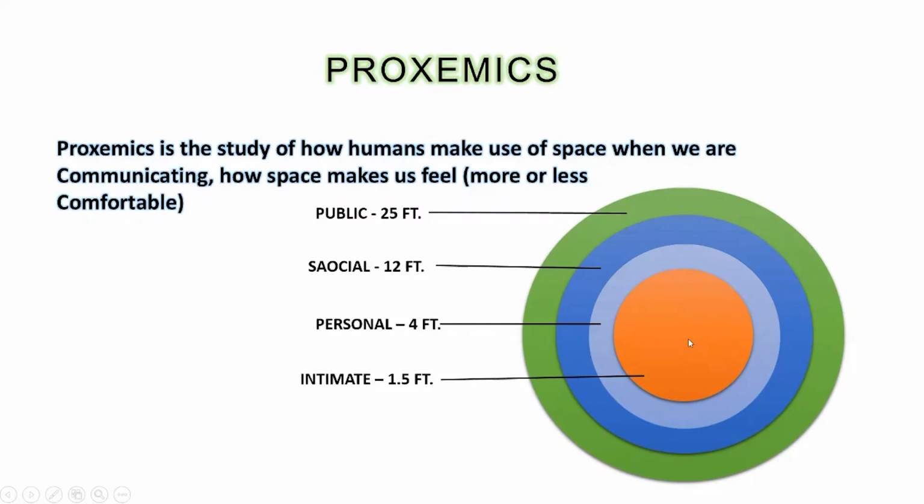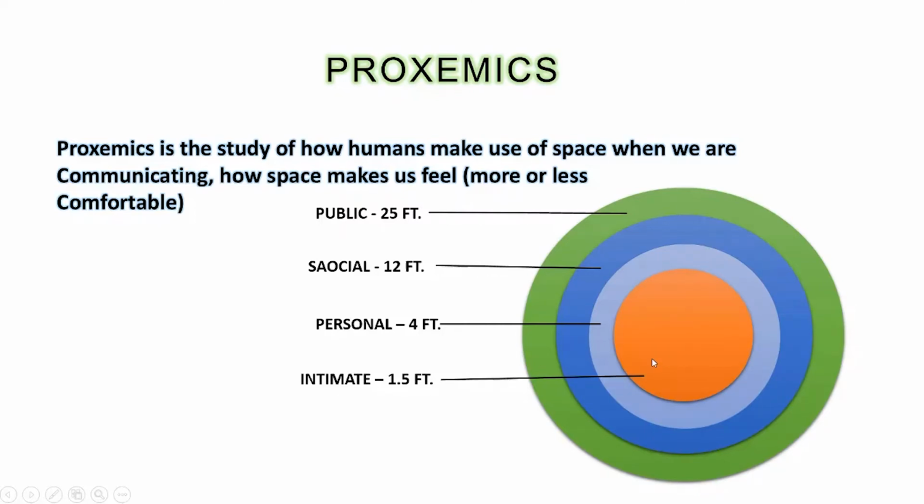Do you keep your friend at a distance of 25 feet? No, you will keep the orator at a distance of 25 feet, right? But you will keep your best friend at 1.5 feet, right? That is the intimate space.